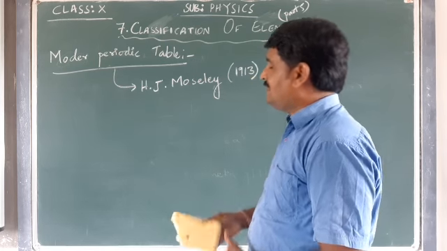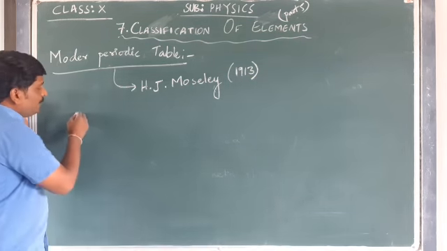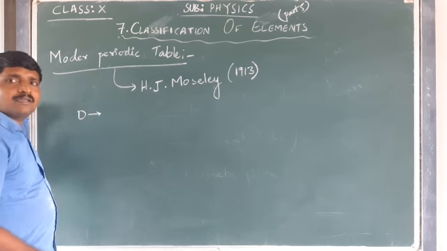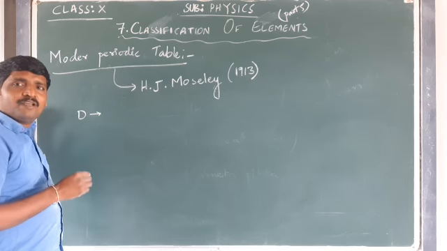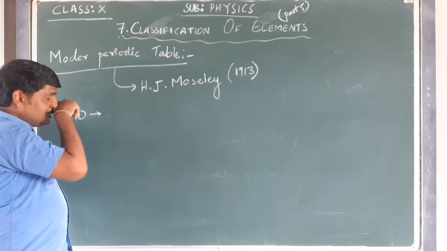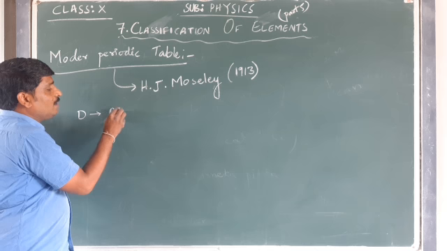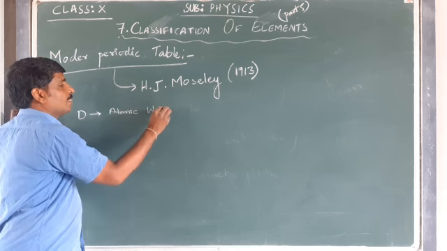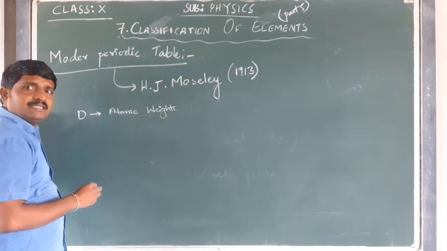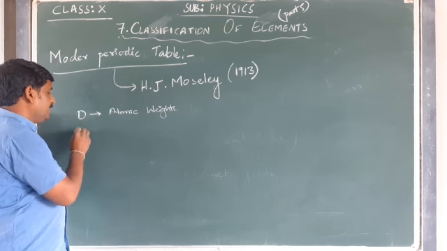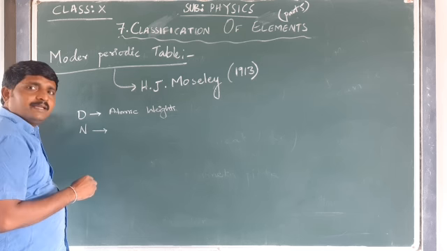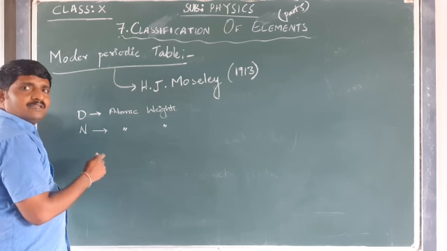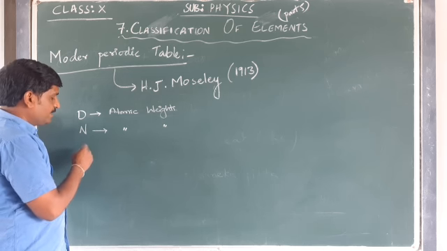So, H.J. Moseley. Now onwards, listen carefully, all of you. Dobereiner, whenever he was arranging the elements, was focusing on atomic weights. Then Newlands came into the picture, again arranging the elements according to atomic weights.